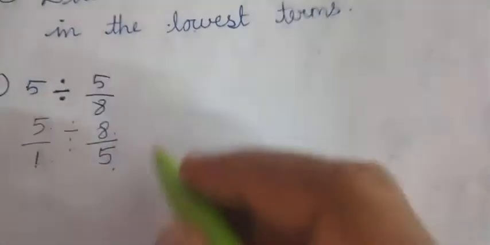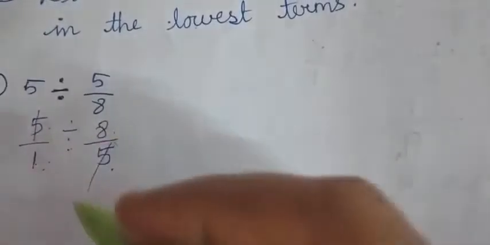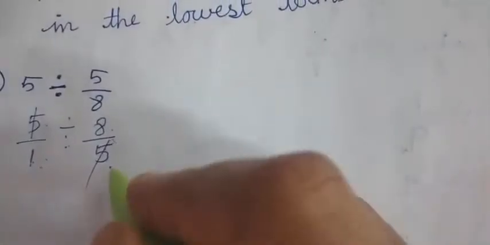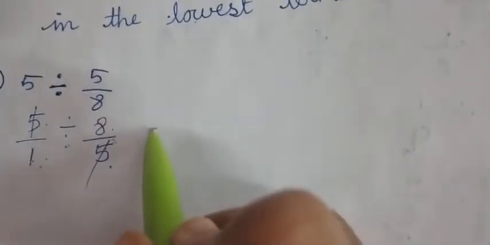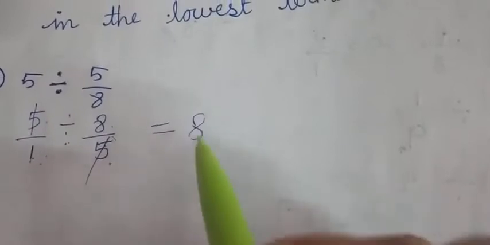Just add 1 down so that this will become a complete fraction. 5 by 1 is going to be divided with 8 by 5. Got it? Now we can use same table. This 5 and this 5 will be cancelled, right? Okay, and then what is remaining? 8. 8 is the answer.